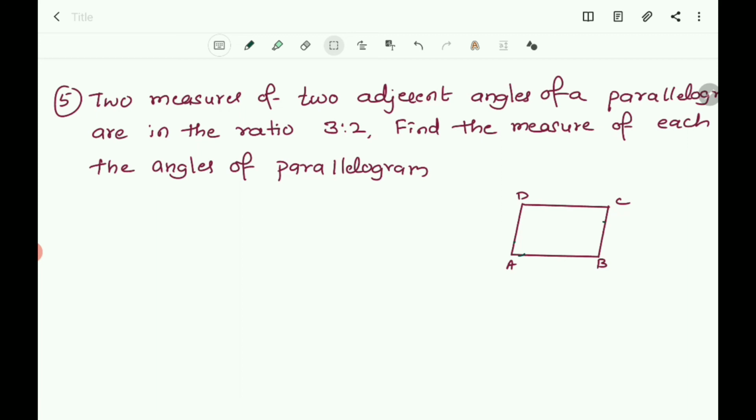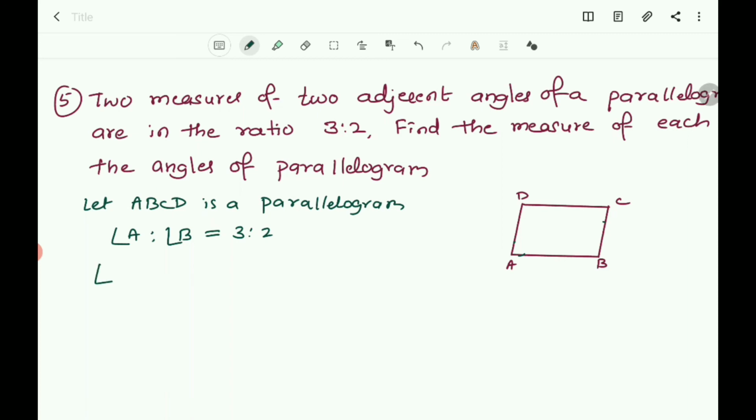Here ABCD is a parallelogram, and let us take any one pair of consecutive angles.